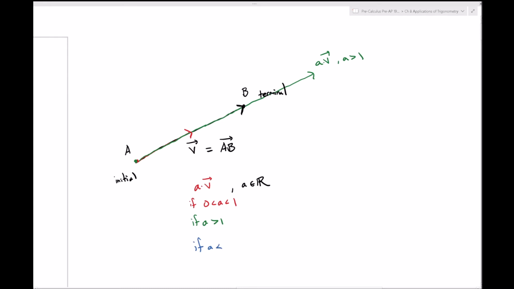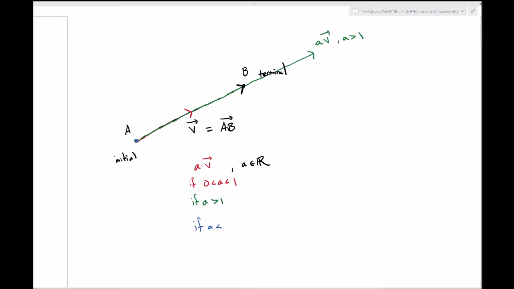If A was less than 0, it would start again at A, and the negative direction means it's going to be pointing in the exact opposite direction, and by opposite direction we take that to be a 180-degree angular distance between the original vector and the new vector. I should have written A is less than 0. Depending on how big the value of A is, that'll change the length of the vector, but it's in the opposite direction. So that's multiplication by a scalar.